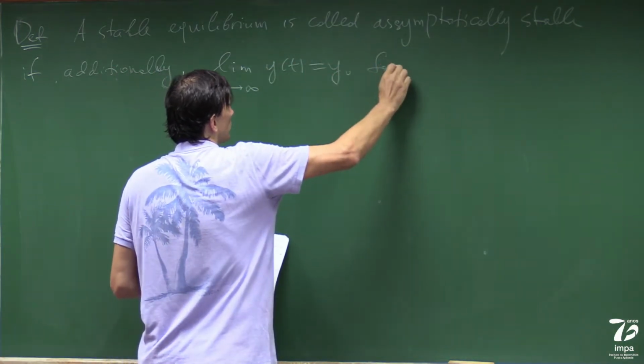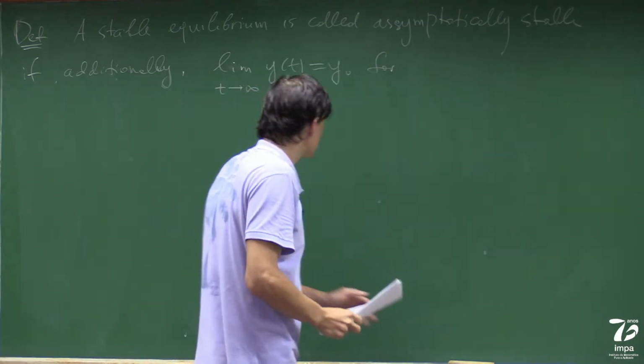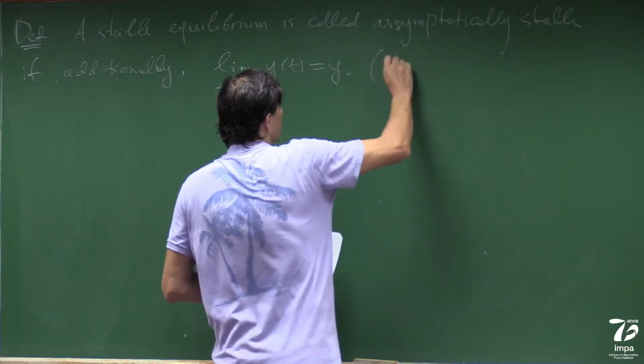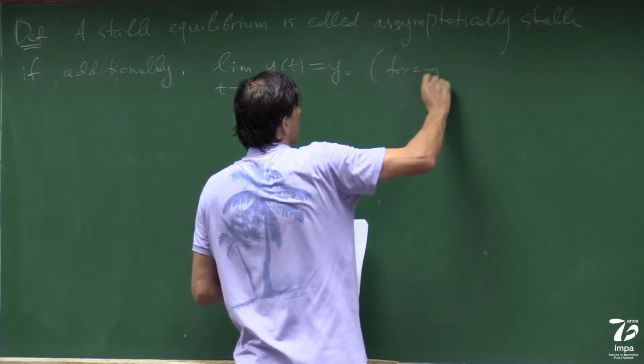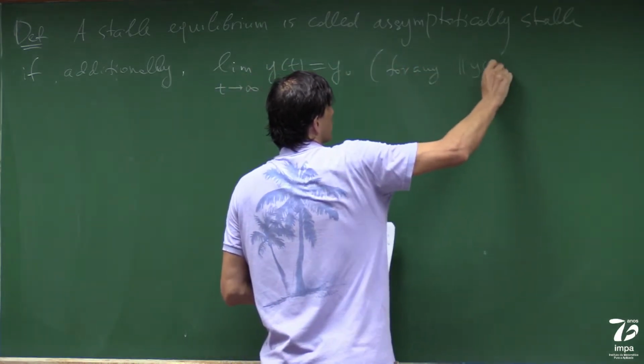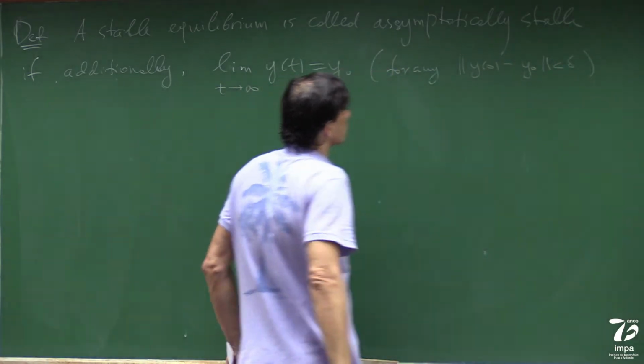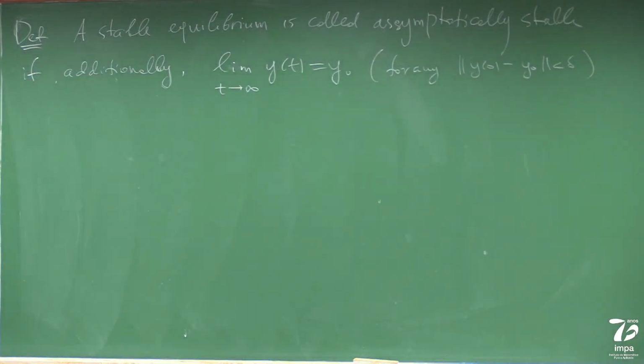This is for any initial condition under the same condition as in the definition of stability. So essentially, an asymptotically stable equilibrium has all that is written here, and in addition to this condition, you also have this.